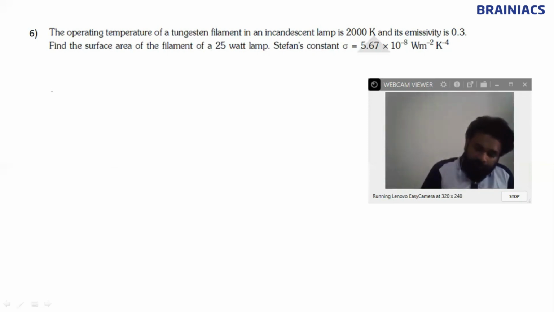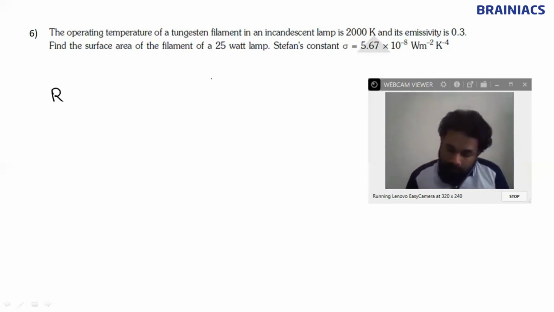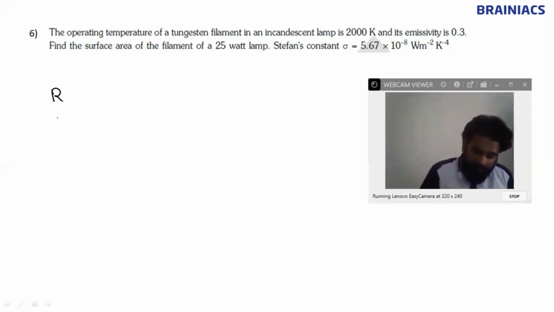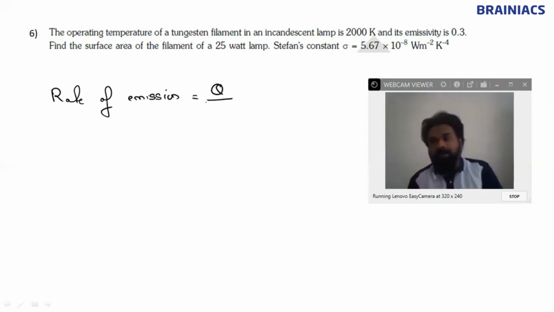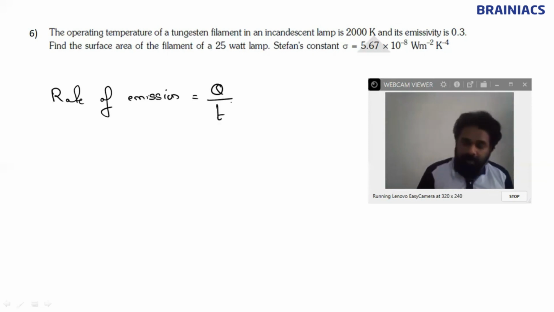Here they have given a 25-watt lamp. If we consider the rate of emission, it is the total radiation emitted divided by time t. This is the same as wattage. So this is given.